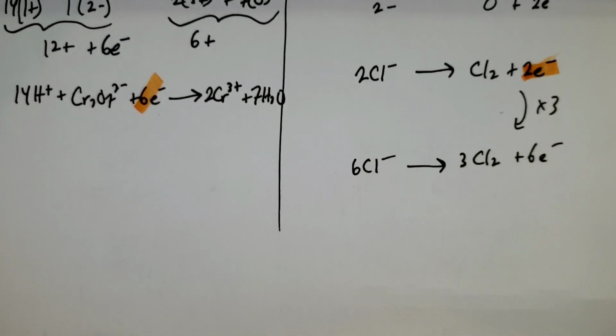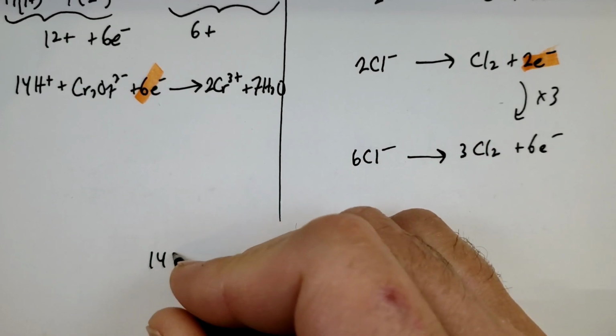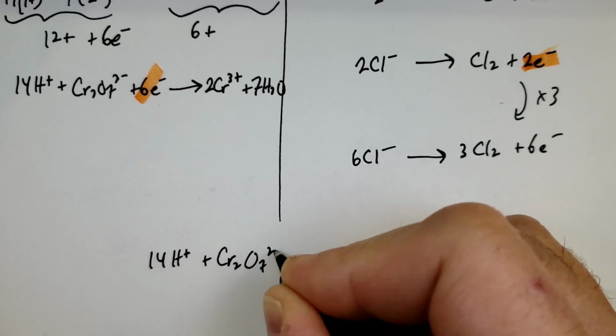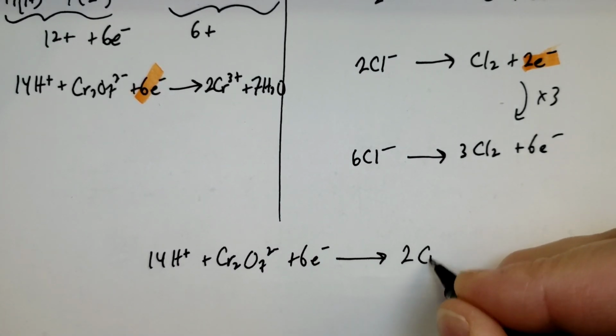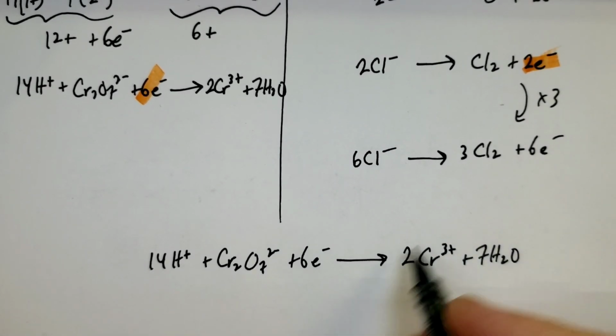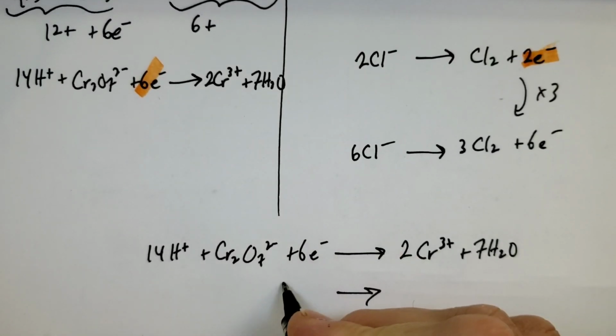Now, add both reactions. So I'm going to take this reaction and write everything out there. 6 electrons yields 2Cr3 plus 7H2O. And it helps to line up the arrows here so you can see what's on the left-hand side, what's on the right.